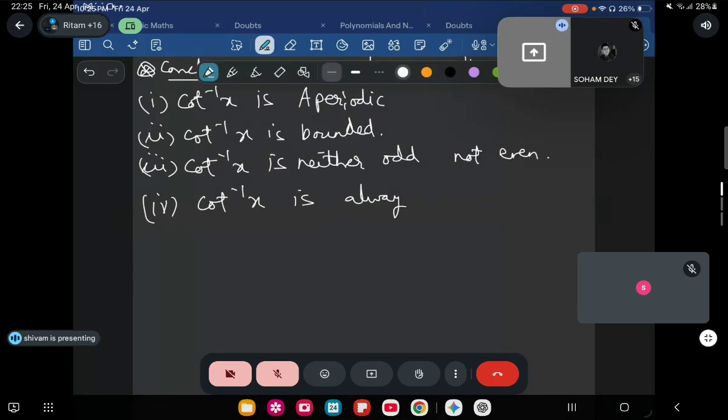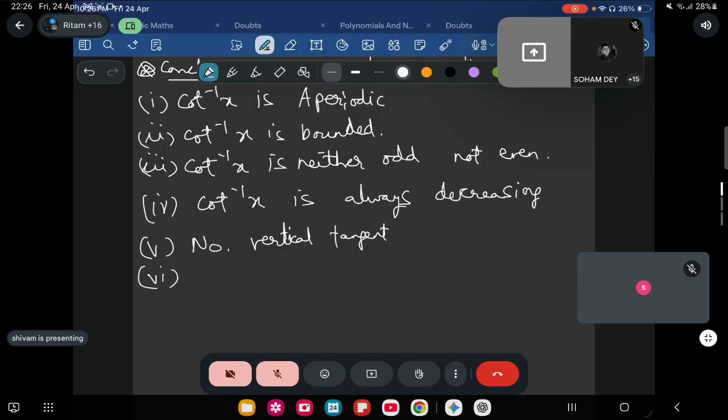Cot inverse x is always decreasing. It's a decreasing function. You people can understand? Next. And over here, again, you are not going to get any vertical tangent. No vertical tangent. Next, number 6.